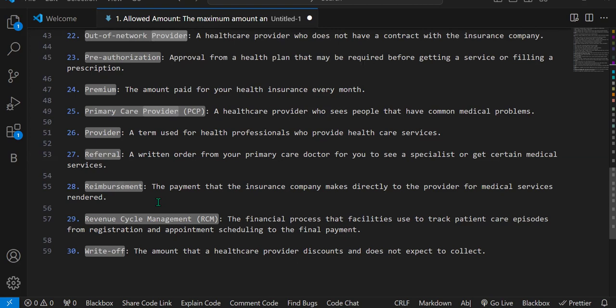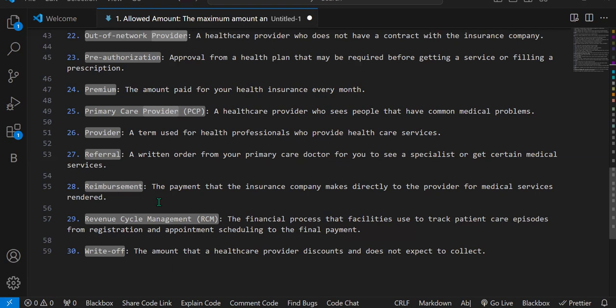What is write-off? The amount that a healthcare provider discounts and does not expect to collect. The doctor provides treatment to the patient, and whatever services are done are converted to codes in the claim, and the claim is sent to the insurance company. The insurance company will give some amount.